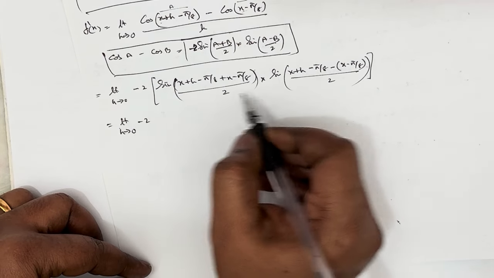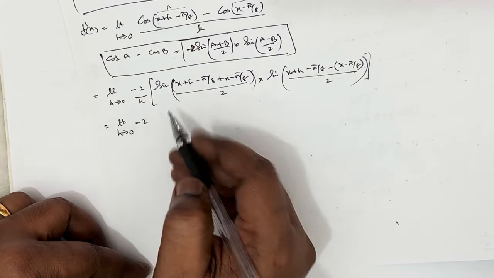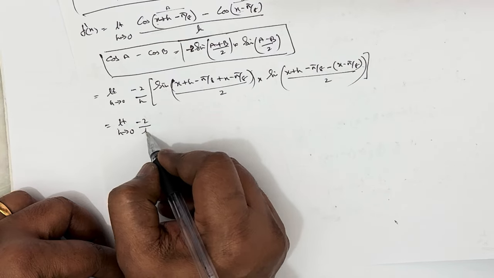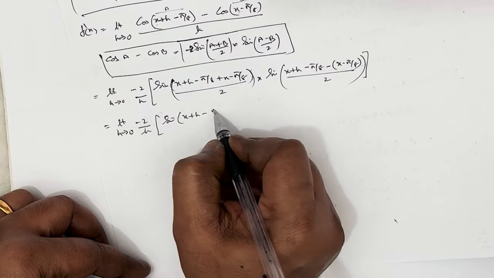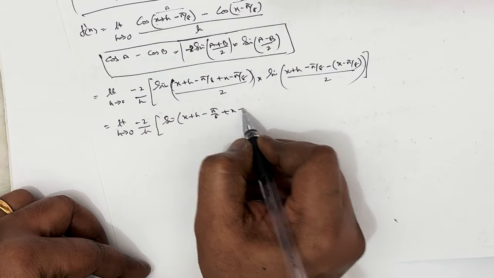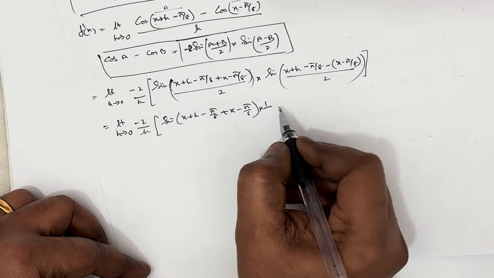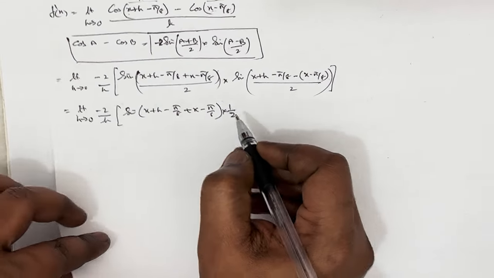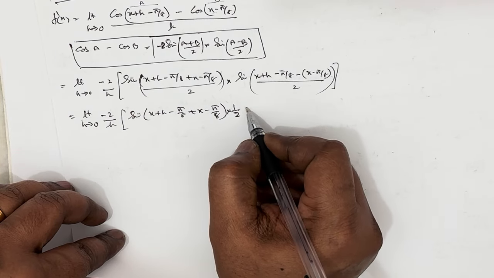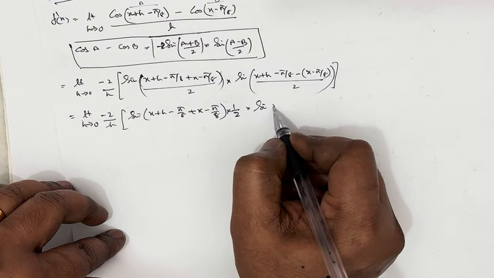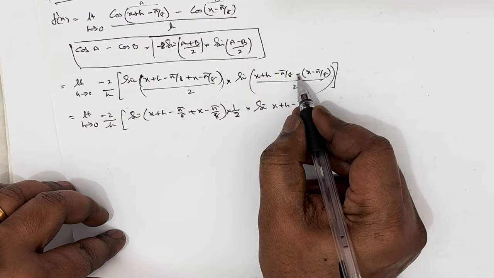So let's bring this h out, so minus 2 upon h, sine of x plus h minus pi by 8 plus x minus pi by 8, multiplied by 1 by 2, this 2 written as its reciprocal, and multiplied by sine of x plus h minus pi by 8 minus x minus pi by 8.